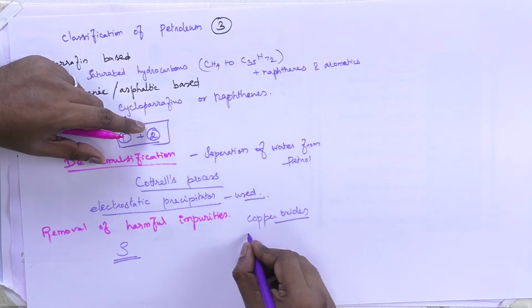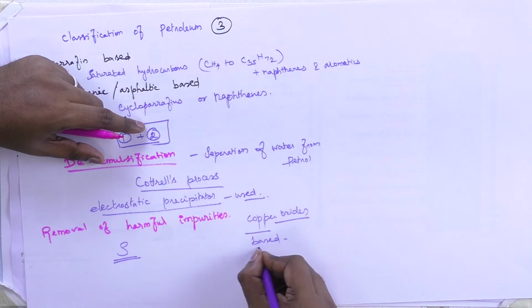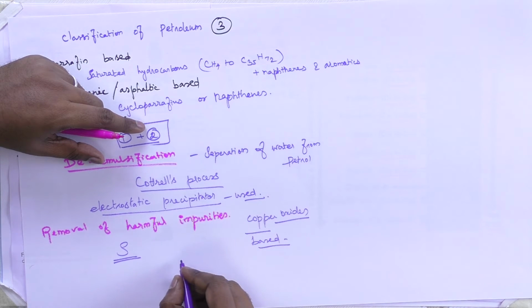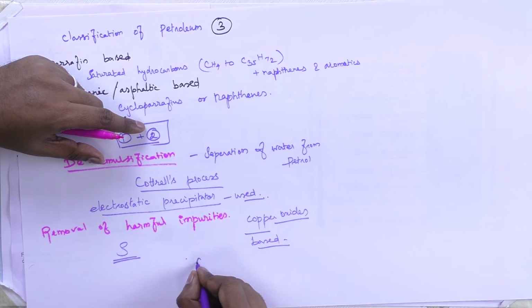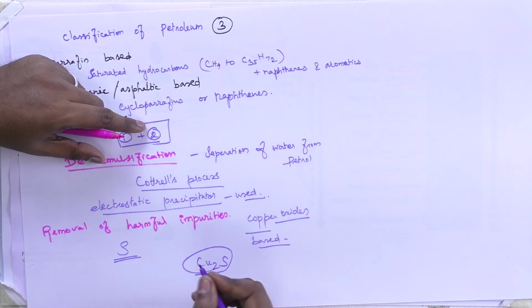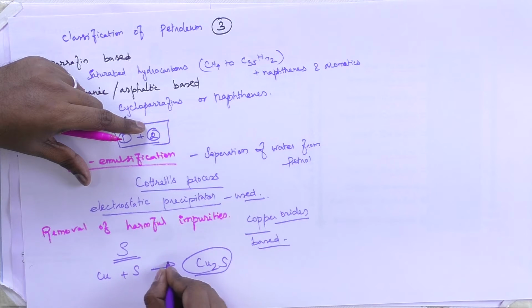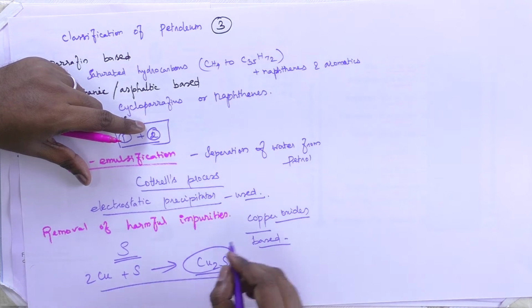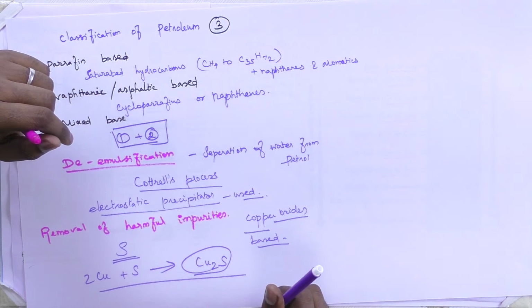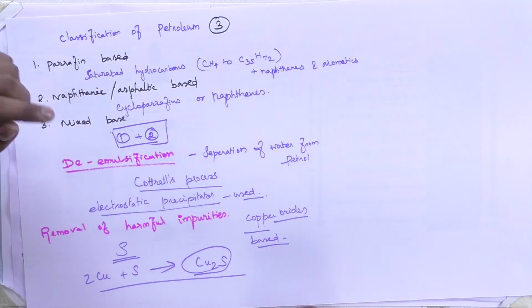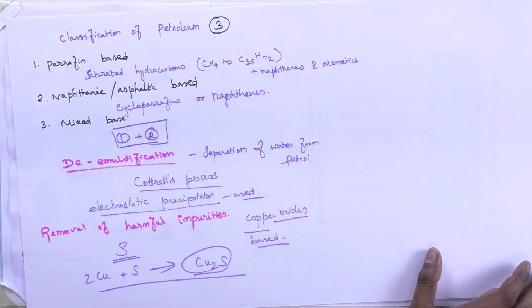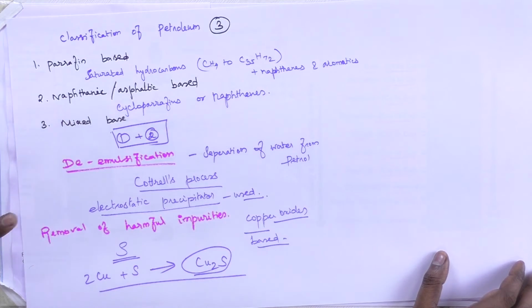The copper reacts with sulfur to produce copper sulfide. So the final product of the copper is copper sulfide. From this method, the sulfide impurities can be removed easily. So these are the separation, classification, and purification of petroleum products.